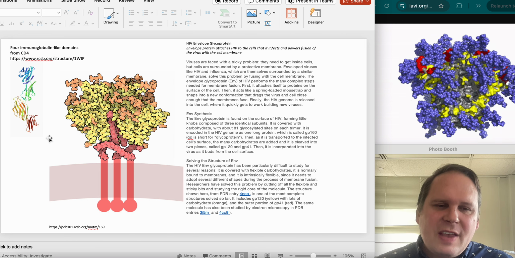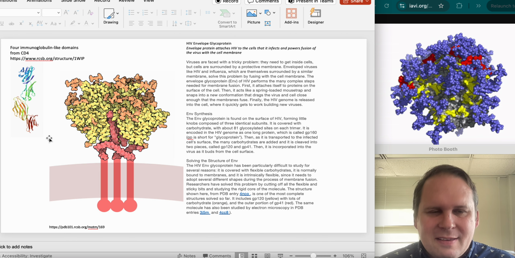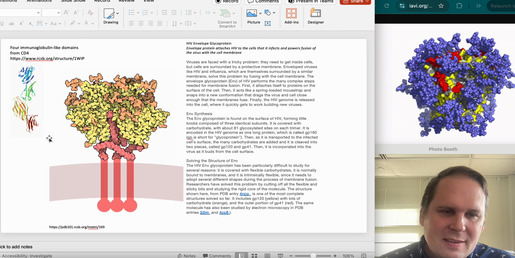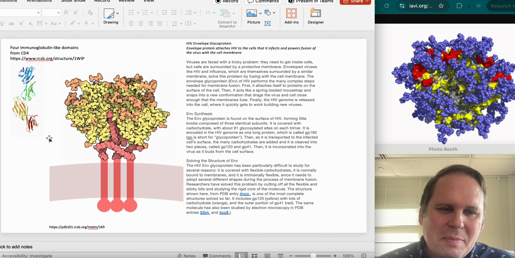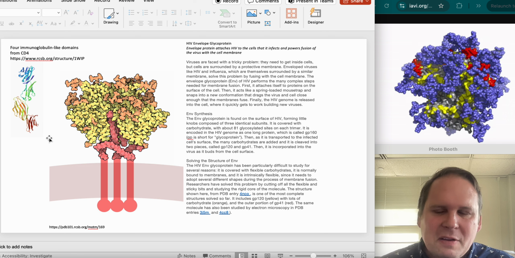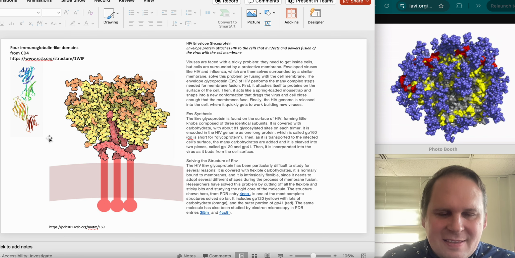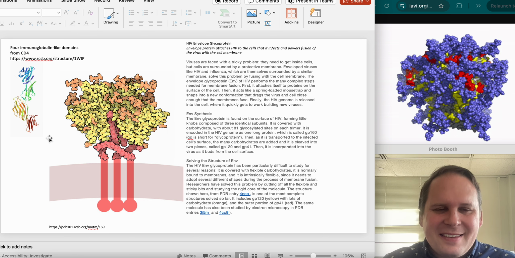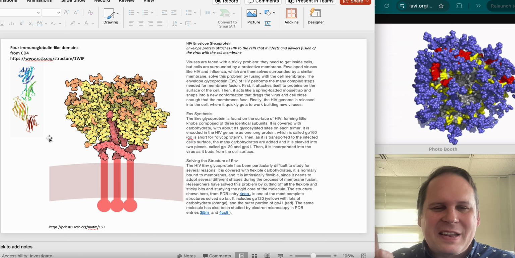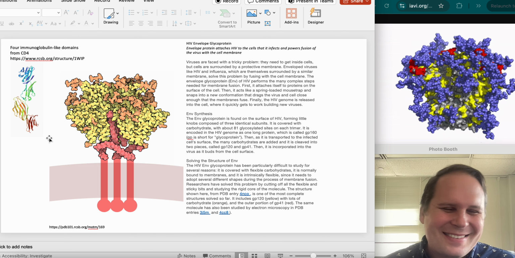We call that shape an immunoglobulin-like domain, because immunoglobulin is the fancy word for antibodies, and the antibodies are made out of chains of immunoglobulin-like domains. Doesn't mean this is an antibody. It just means like a couple million years ago, these two things were related. They stole from the same place.